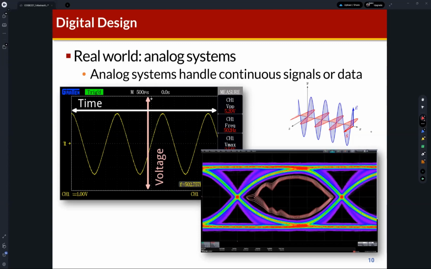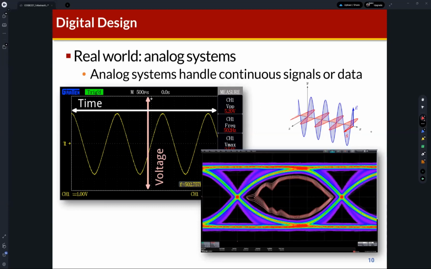And the opposite term is the analog system. Then what are analog systems? It's very simple also. If a system handles analog signals, then this system is called an analog system, right?